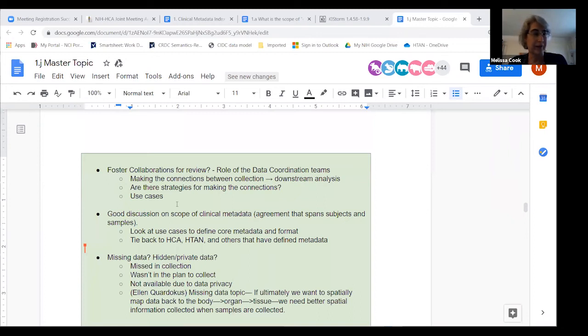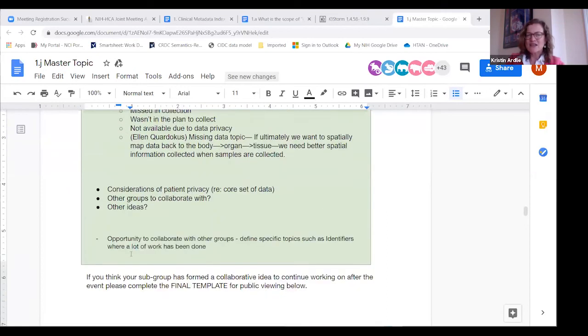I just want to bring up, because I think it's a good point, that Ellen had put in the chat, and I see it's gone into the document, this notion of missing data, whether we're doing dissociated assays or spatial assays, what we care about in terms of mapping back to the body, organ, the tissue, is collecting as much spatial information. And that's not the kind of thing that's available in medical records.